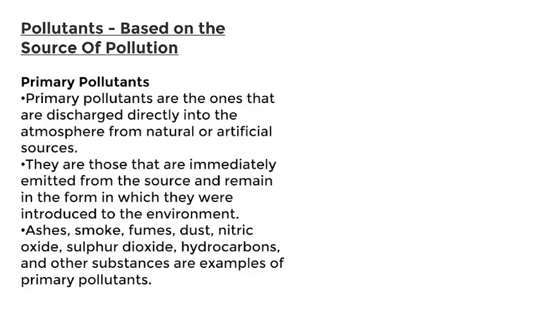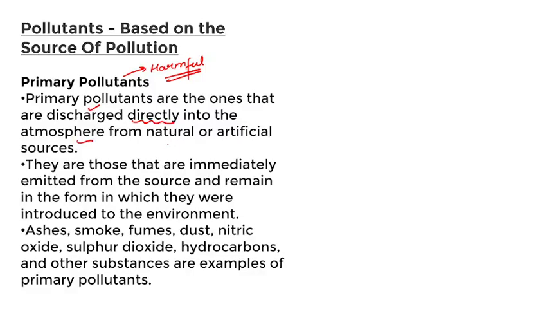We all know that pollutants, when we talk about, are harmful substances. So when we say harmful, then how can this harmful be primary or secondary? See, a primary pollutant is that harmful substance that directly enters. Mark this word, this is important. That is discharged directly or directly enters into our atmosphere.